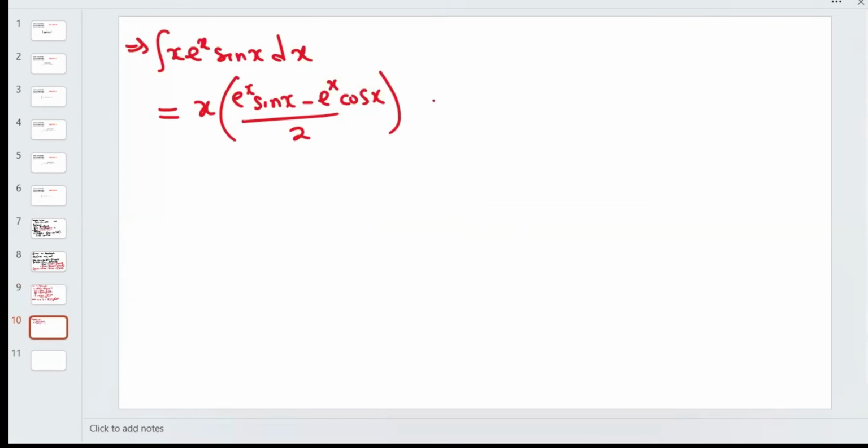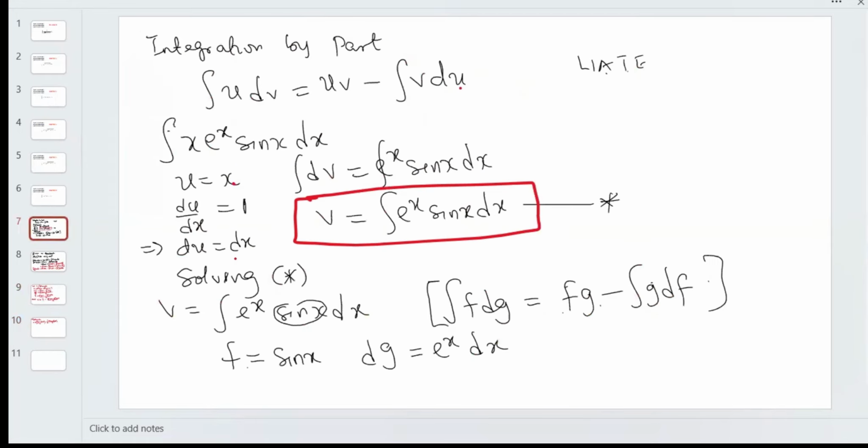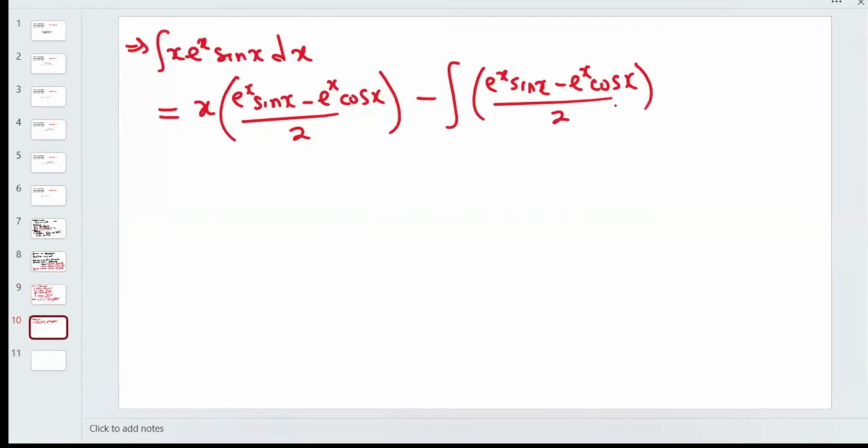So uv minus the integral of v, which is this guy, exponential x sine x minus exponential x cos x over 2, then du, but du is equal to what? dx, if you recall. So I'm just going to put dx here. To make our work easy, this can be exponential over 2. I mean, x, I can bring out exponential x as well over 2 because those are common terms, right?